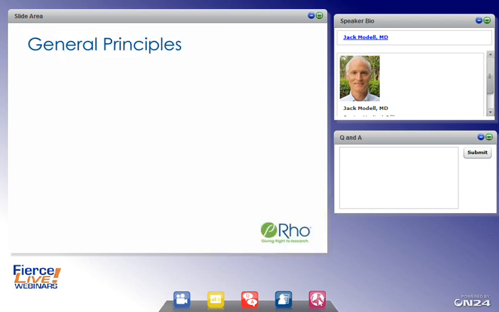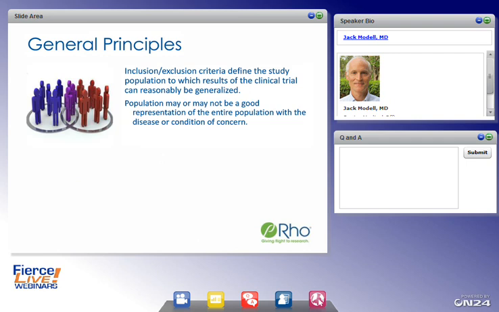So some general principles. Inclusion and exclusion criteria, as you know and as I mentioned, actually define the population to which results of the clinical trial can be reasonably generalized. So obviously when you do a trial, you're not just looking at what that drug or that product or device does in that specific subset of the population you picked, but you want to be able to generalize to a larger population.